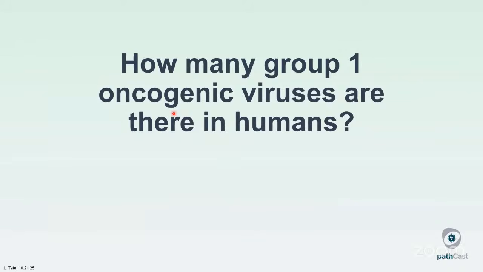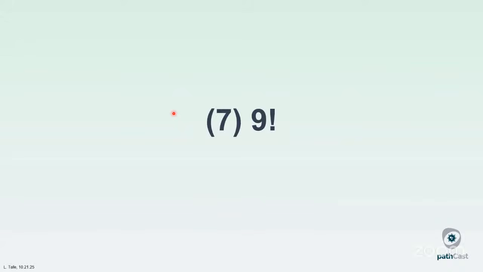Just for you to think to yourself for a second, how many group 1 oncogenic viruses are there in humans? I'll let you get a number in your head. A few months ago, I would have answered that there were 7, but now there's officially 9.